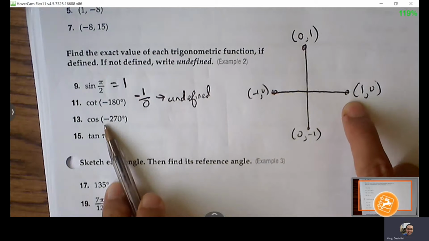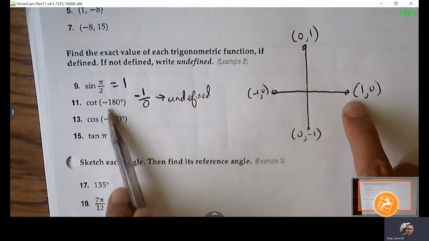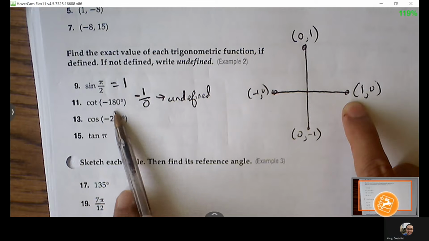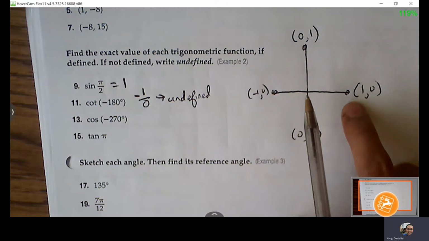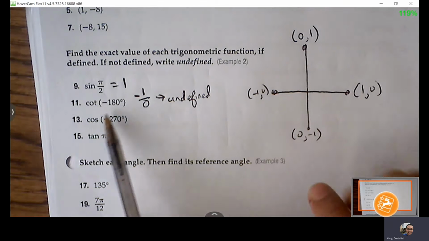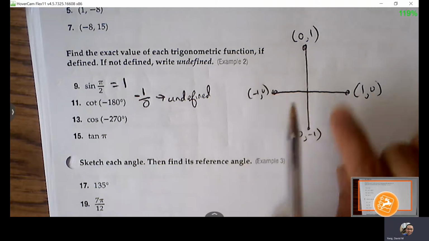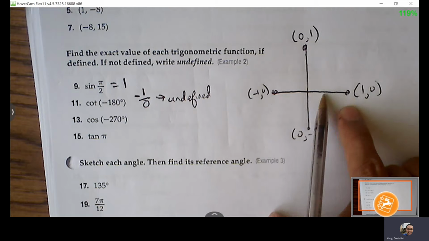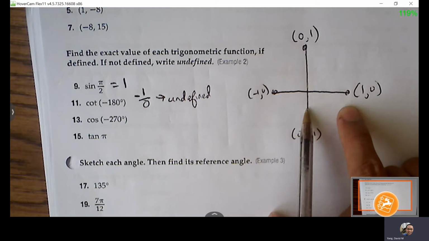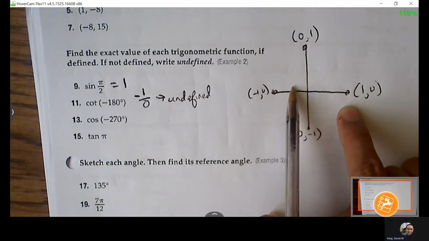Okay, cosine of negative 270. Where is this angle located? It's 0, negative 1, but... Well, okay, so let's talk about this. Negative 270 means I'm going negative 270 in this direction. So I got to go 90, 180, 270.